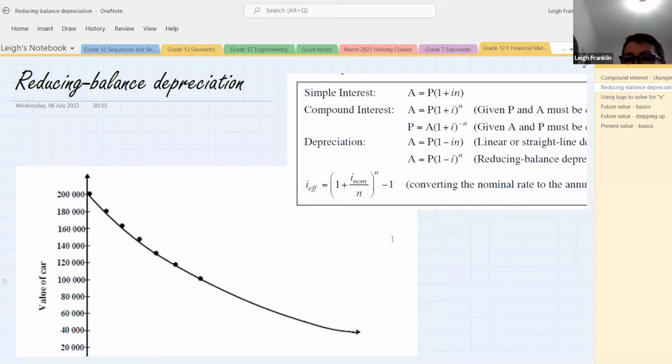Okay, and then if we've got time today, I'm going to see if we can get into using logs to solve for n. Before I get started, I just want to know, has everybody done financial maths at school? Could you just pop something into the chat for me and either say yes or no? So yes, you have done it, or no, you haven't.